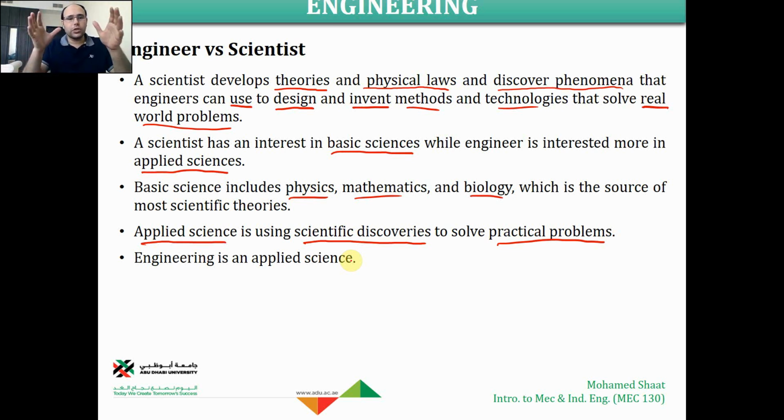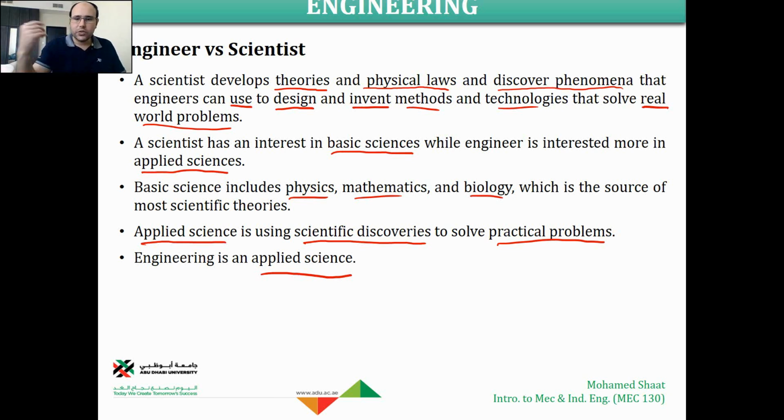Why? Because you're going to take some courses which are related more to basic science. Then in the meanwhile, you're going to take some other courses which are related to applied science. Make sense? Engineering is applied science, but again, this doesn't mean that your study is only going to be applied science. No. Your study is going to be a hybrid between basic science and applied science.